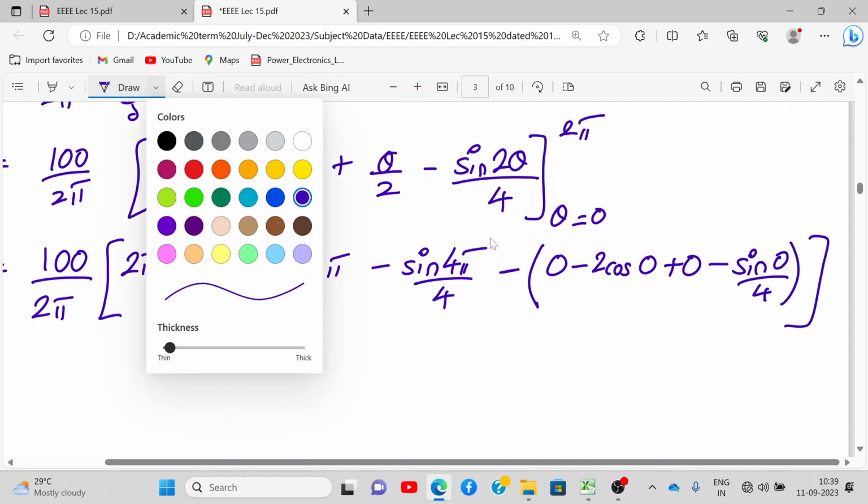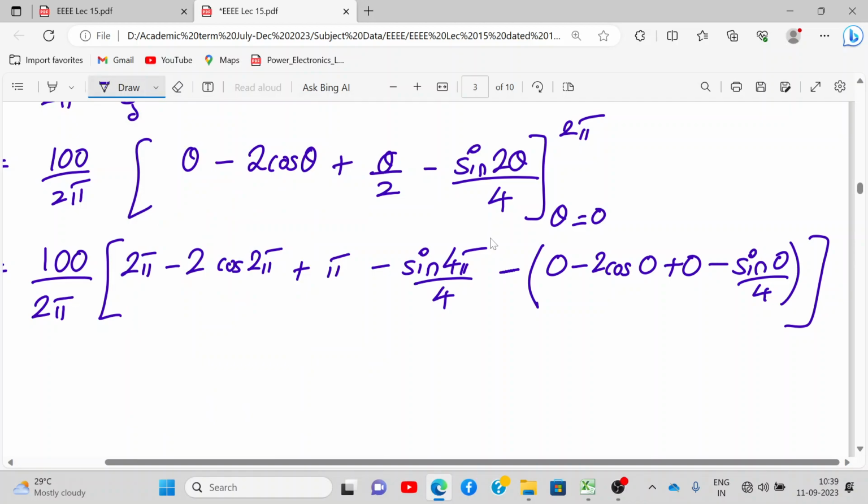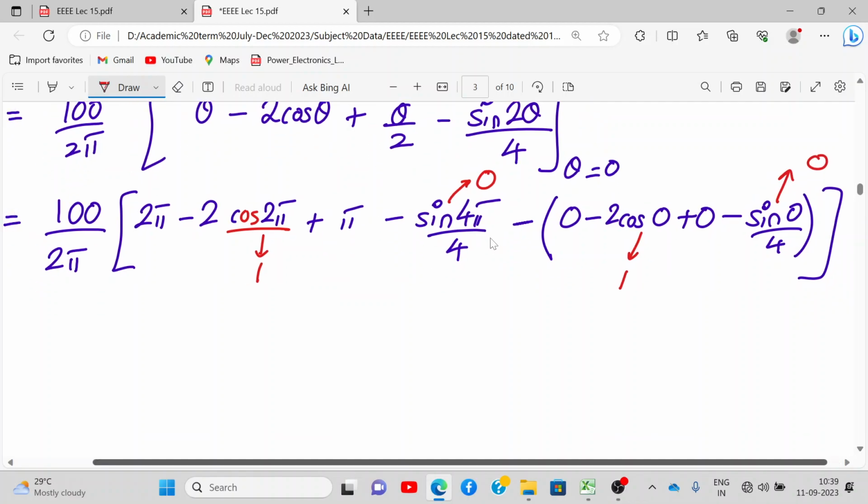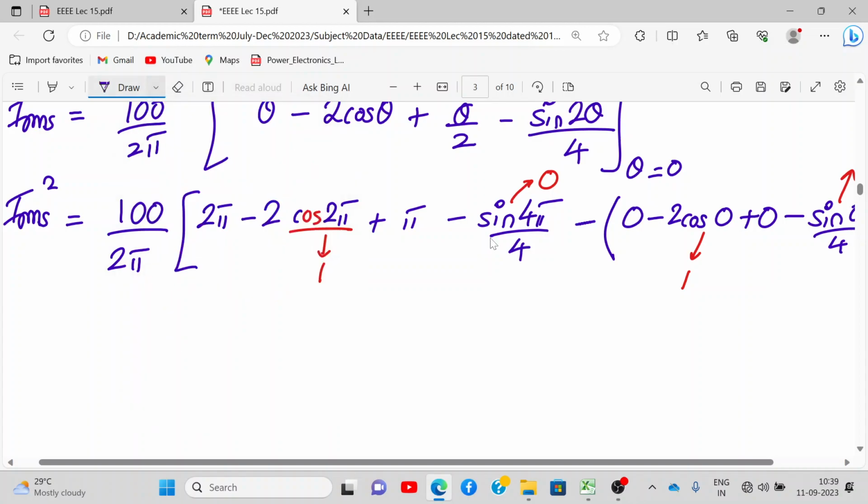Yeah. Now tell me what is cos 2 pi? No, don't believe yourself, believe the calculator. This is 1. What is sine 4 pi? This is 0. Cos 0 is 1 and sine 0 is 0. So now substitute carefully. So I RMS square is 100 by 2 pi. What will be inside?